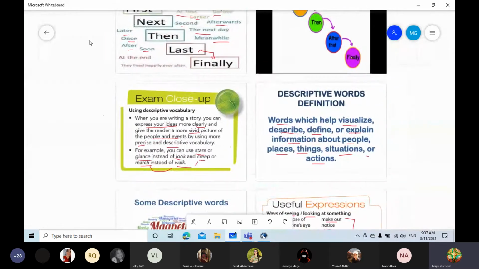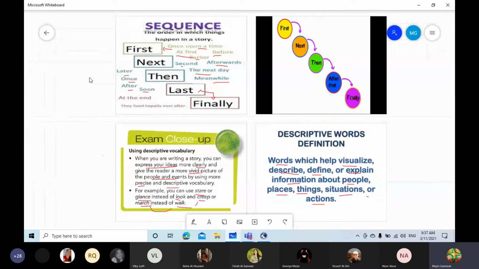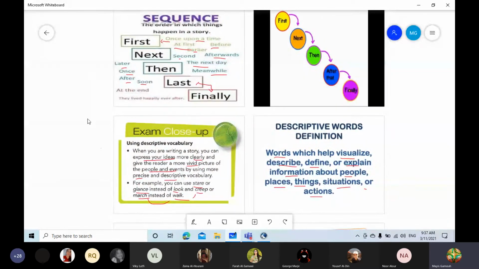Let's have another question. I explained yesterday the term descriptive vocabulary. So what is the meaning, Juman, of descriptive vocabulary? They are words that describe the story and give it more drama, and it gives the reader more information about what happened.